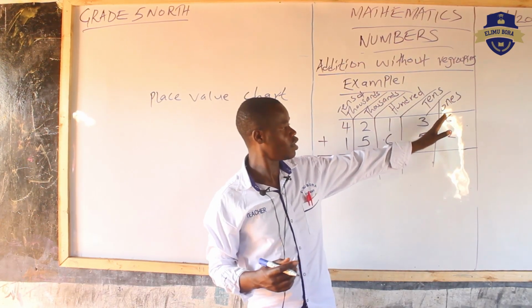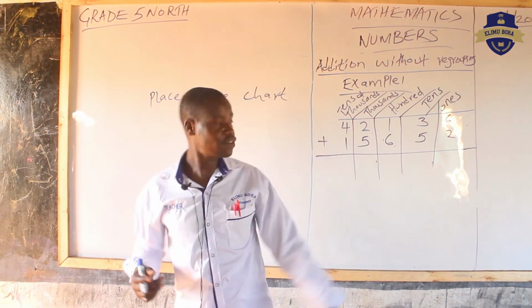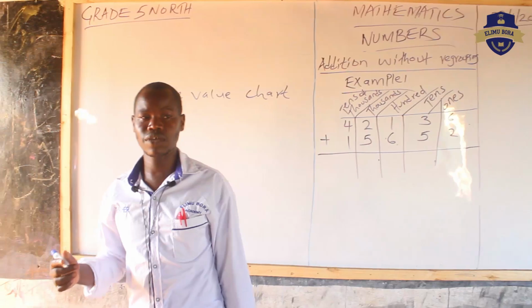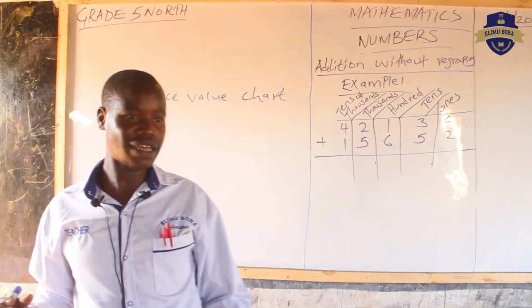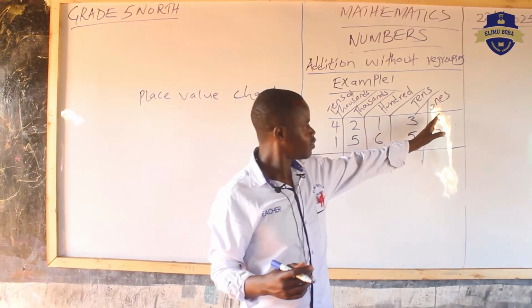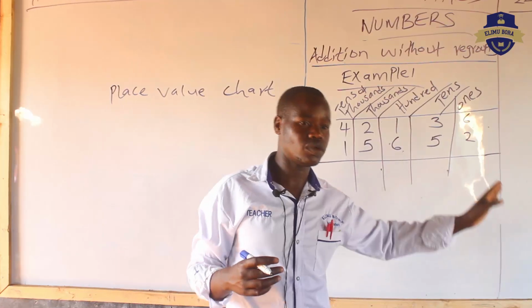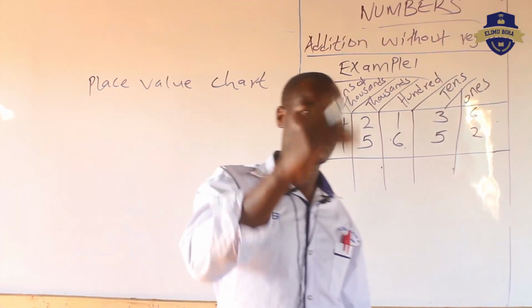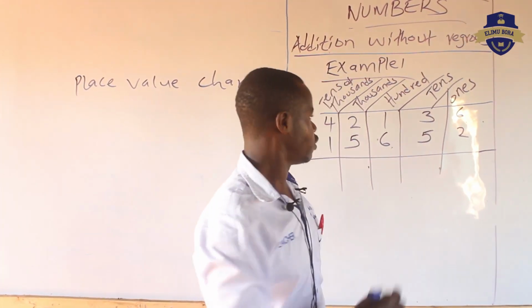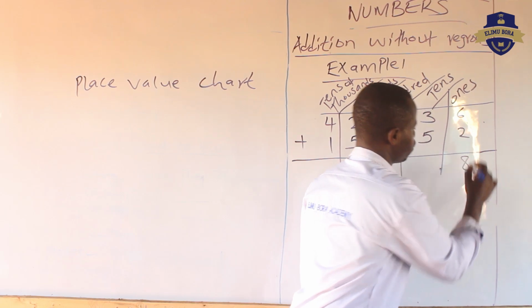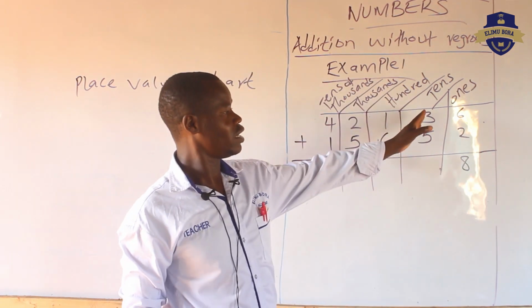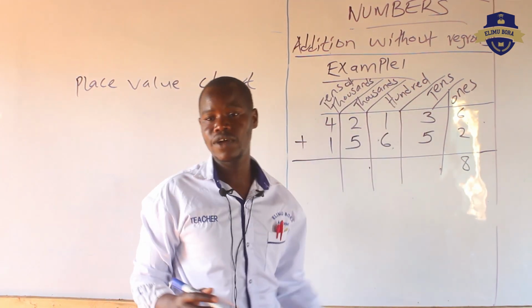That is good. So we are going to add. That is 6 plus 2, which gives 8. So we write 8 here. And then we come to the second column of tens.